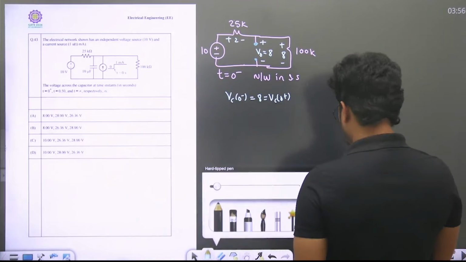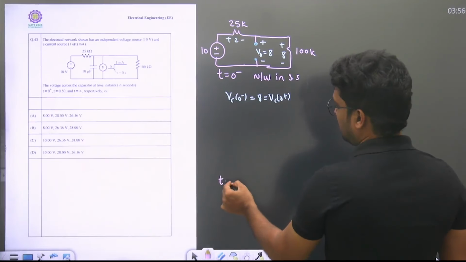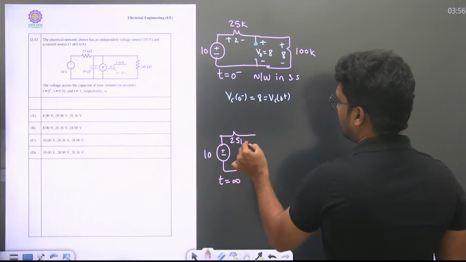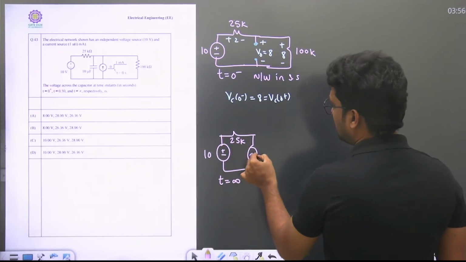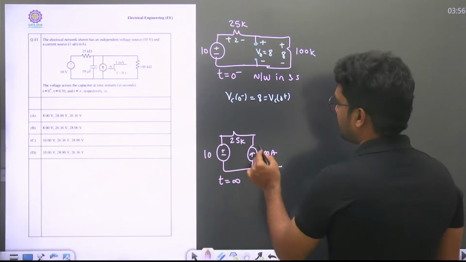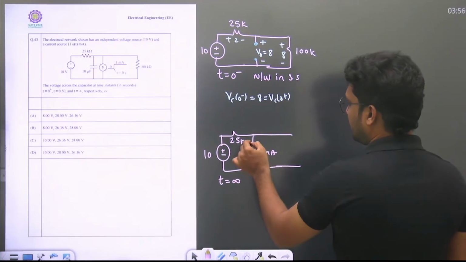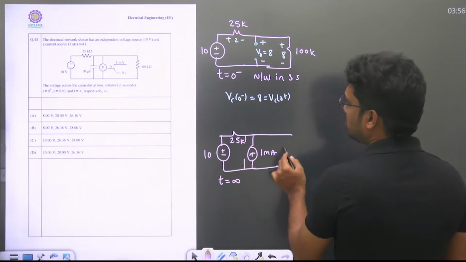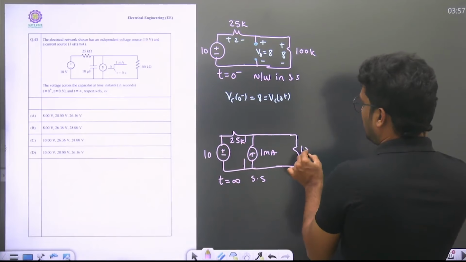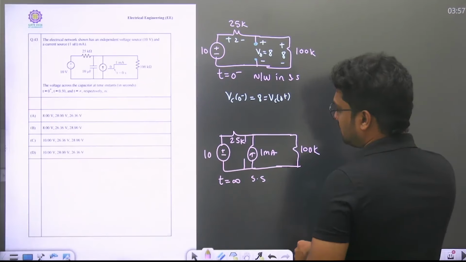Now, can you draw the circuit at infinity? At time t equal to infinity, this will be like this: 10 volts, 25k, and a current source of 1 milliampere is added. Again, the capacitor acts like an open circuit because at time t equal to infinity it is steady state. 100k.